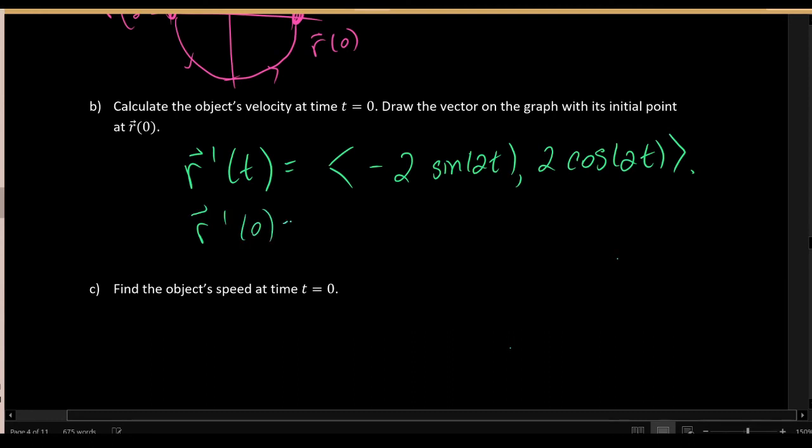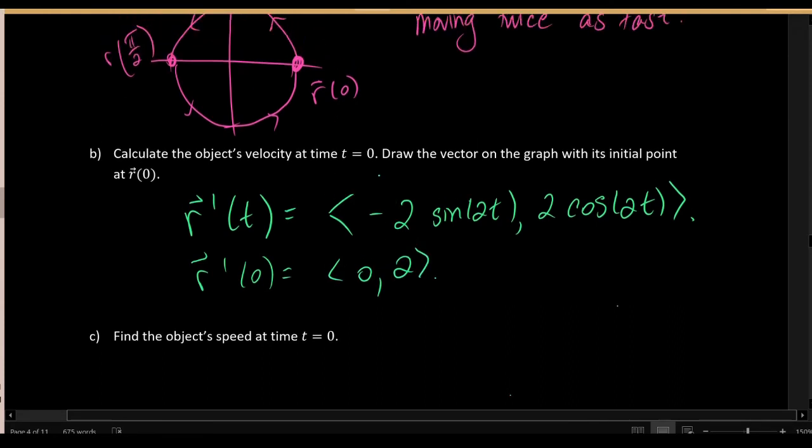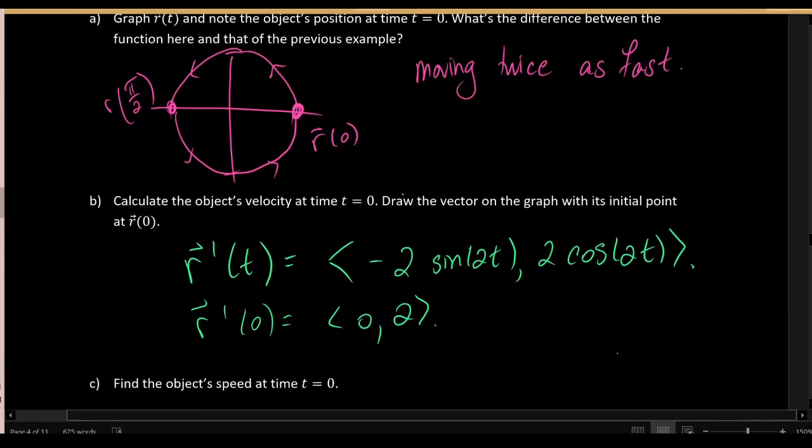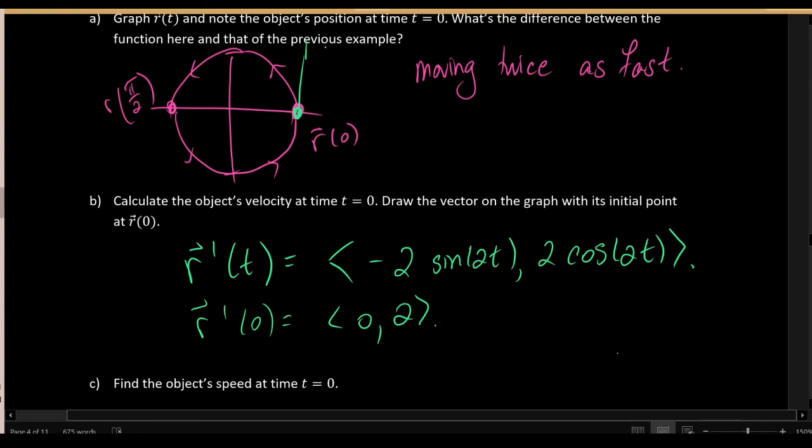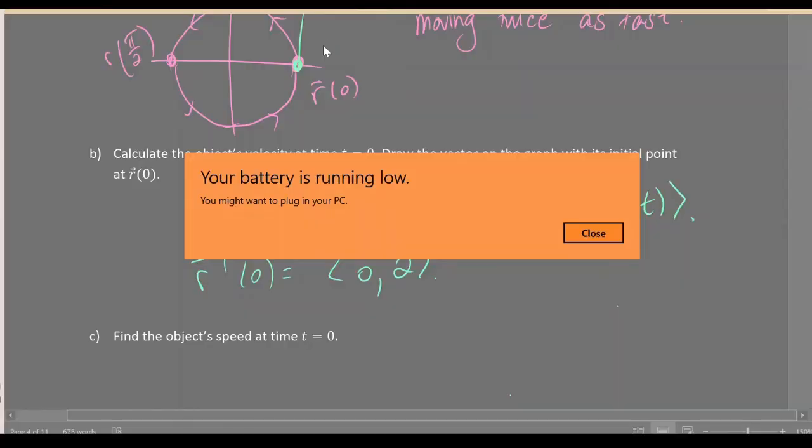And when I plug 0 in to this function, I get 0, 2, different from the 0, 1 that I achieved last time. This velocity vector is pointing in exactly the same direction. The movement of the object has not changed direction, but the velocity vector is twice as long to reflect the fact that the object is moving twice as fast.